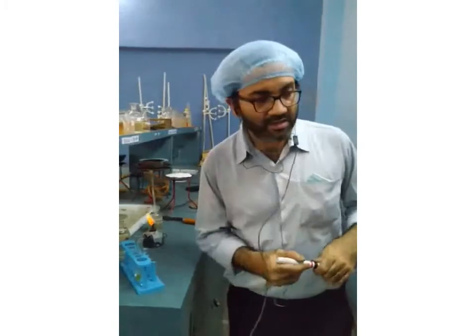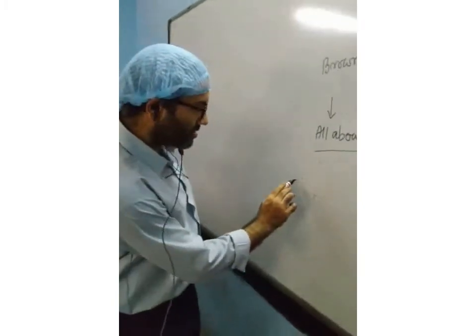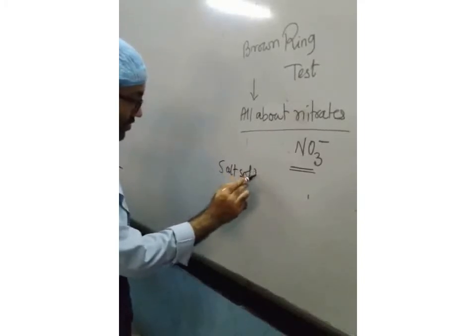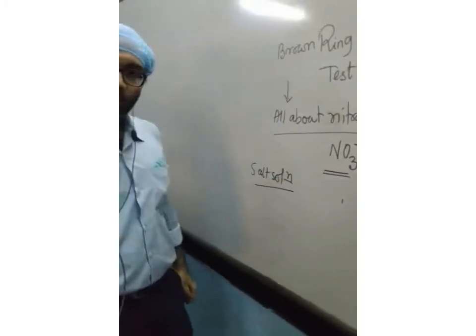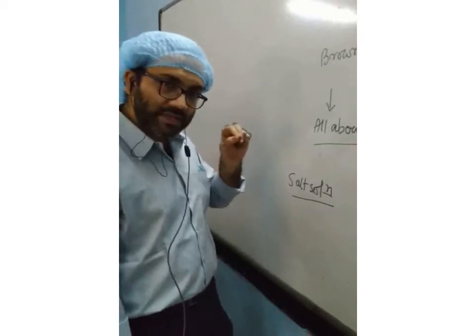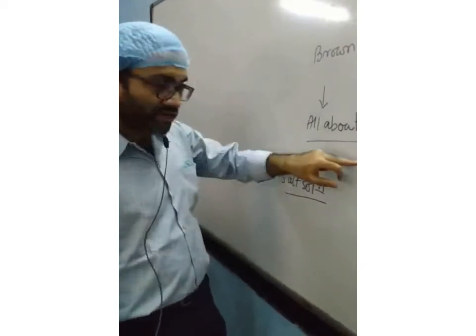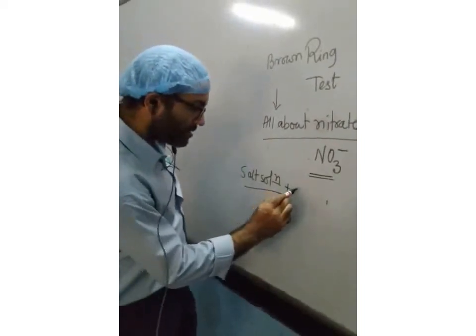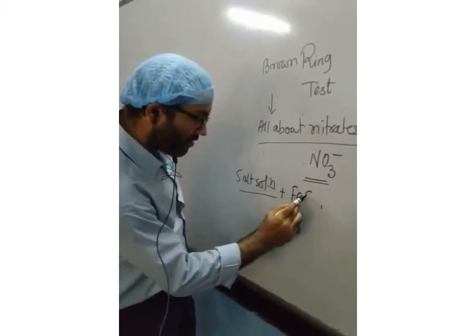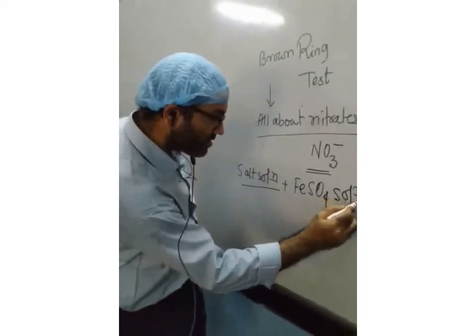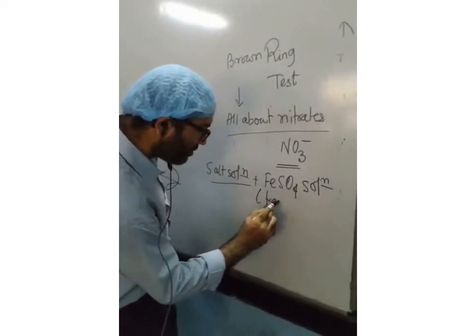How is that performed? We need a few things. The first, the salt itself. That means salt solution. Whichever the salt is, we want to confirm whether it contains nitrates or not. That's the solution we need. Plus, we will go for ferrous sulfate, once again a solution. This ferrous sulfate has to be freshly prepared.